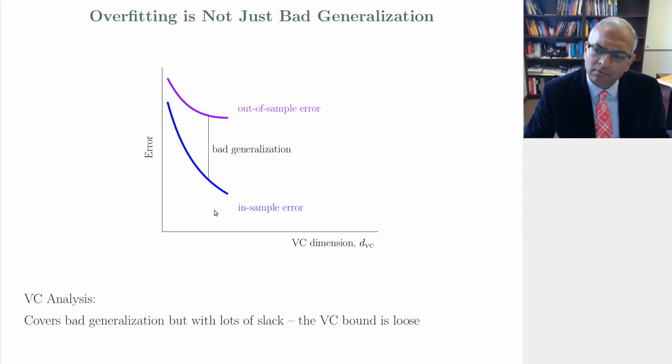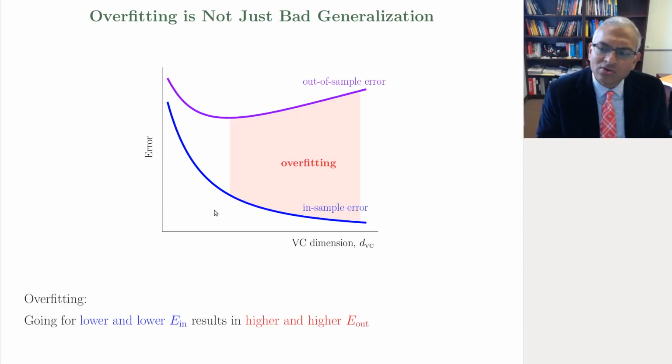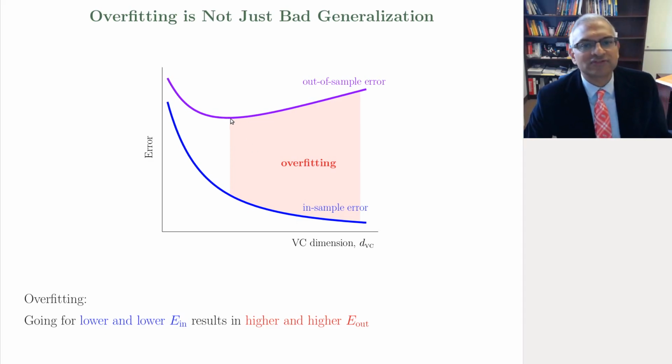And we get that when we continue to increase the VC dimension. So now we continue to increase the VC dimension. We continue to fit the data more and more, getting lower and lower in-sample error. But now the out-of-sample error goes up. So now, as we fit the data more and more, okay, we are getting a worse and worse final hypothesis. So fitting the data more and more in this regime is not warranted.